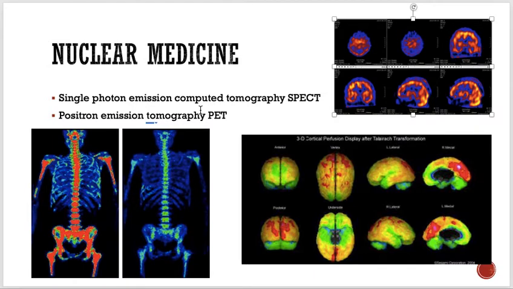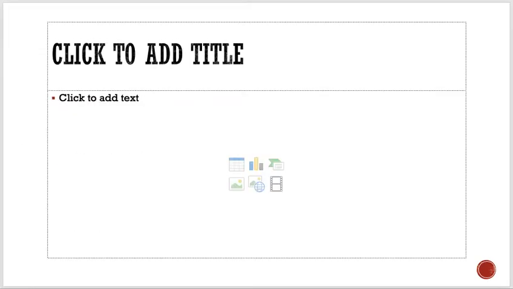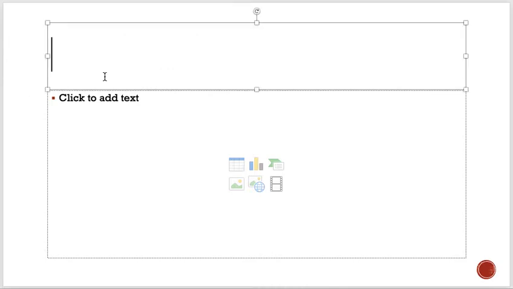Okay, now for example, I will show you some more images about ultrasonography. I showed you SPECT and fluoroscopic nuclear studies. Okay, so MRI: the machine looks more or less the same as a CT scan machine, and the only difference is MRI.